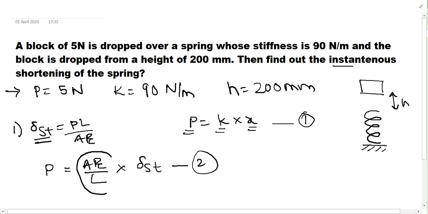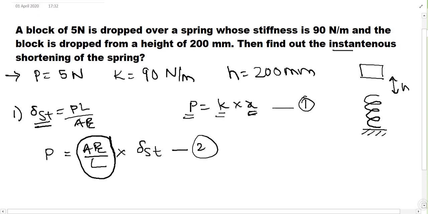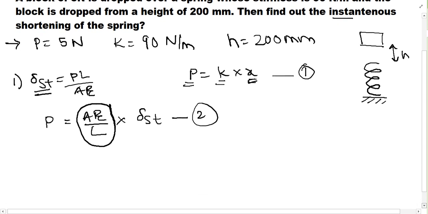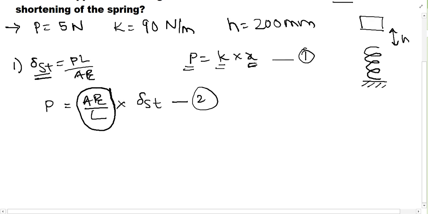Now AE by L is nothing but the stiffness of that element, and here X is nothing but the static elongation. So in this case, if I want to find the static elongation, the load is given as 5 Newton and the stiffness is already given as 90 Newton per meter, correct? That means here my delta static will come in meter.